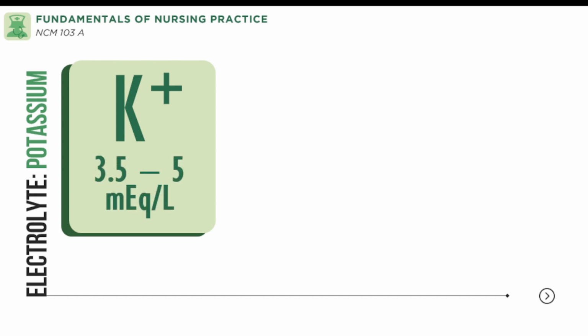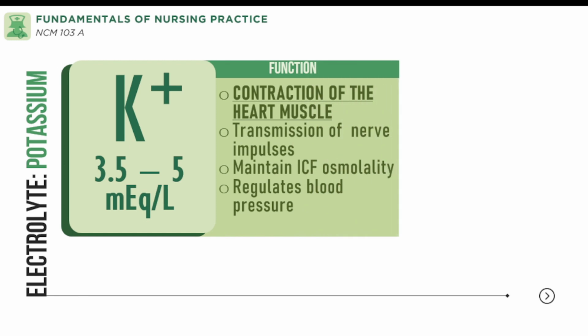Your normal value for your potassium is 3.5 to 5 milliequivalents per liter. The function of potassium is vital and essential for numerous physiological processes in the body. Primarily, potassium is critical for the contraction of your heart muscles, which regulates your heartbeat.